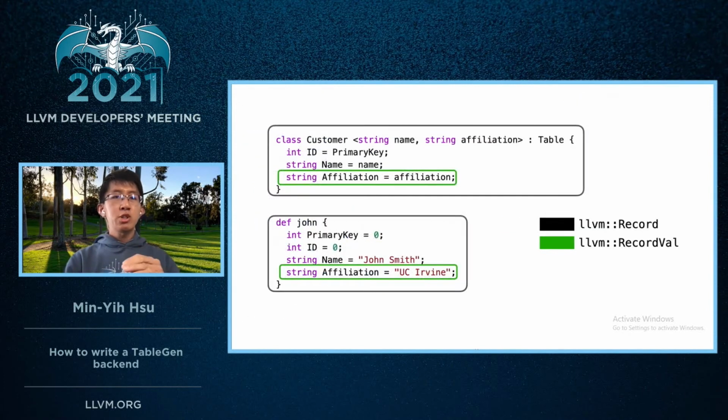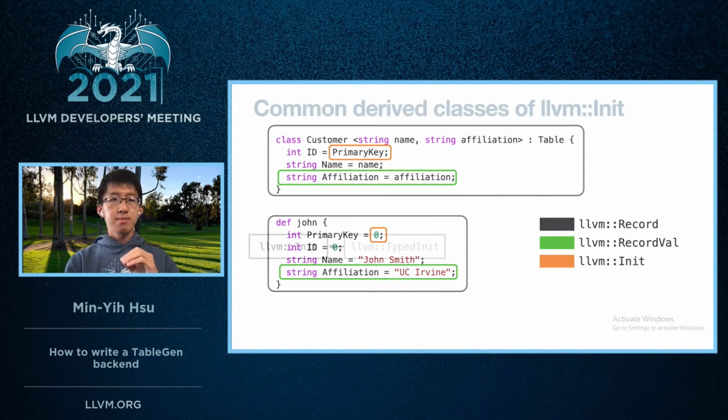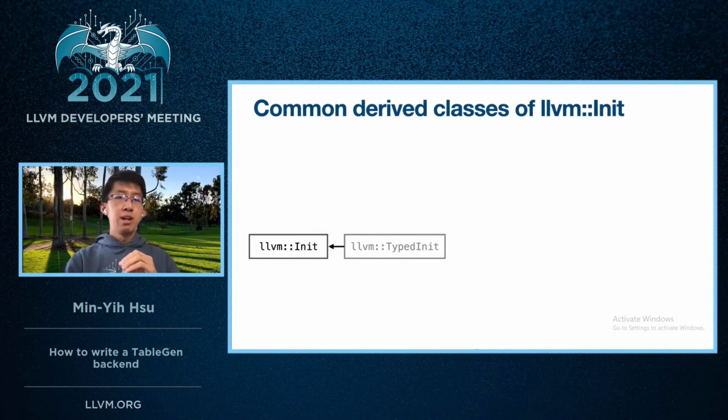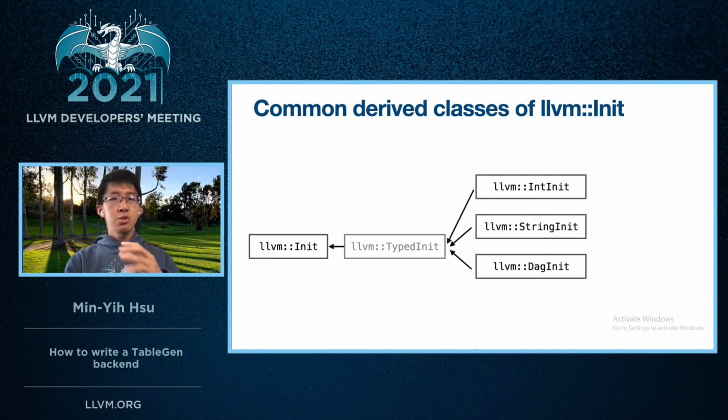In the previous slide, we extracted the name of the type for each TableGen field, modeled by RecordVal objects. One thing we haven't covered is the value of each field, which is modeled by an Init class. Different data types of field values are represented by different derived classes of Init. In addition to integer, string, and DAG values, there is a special one called VarInit.